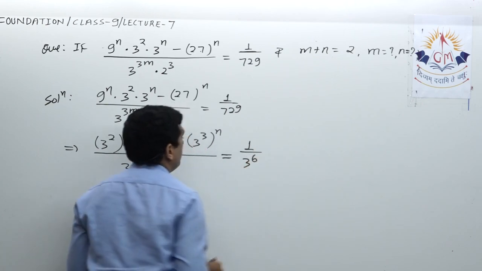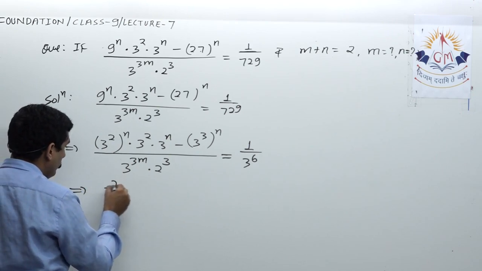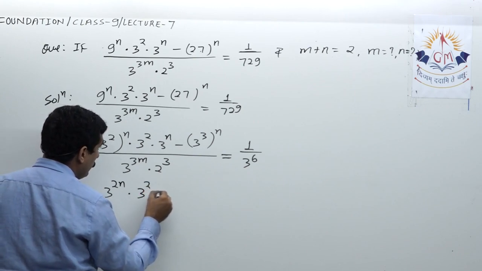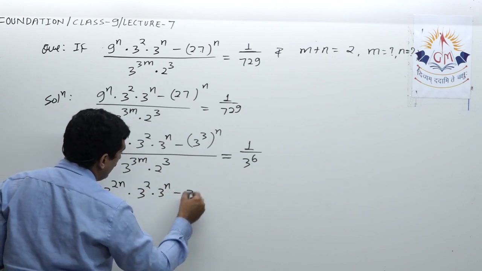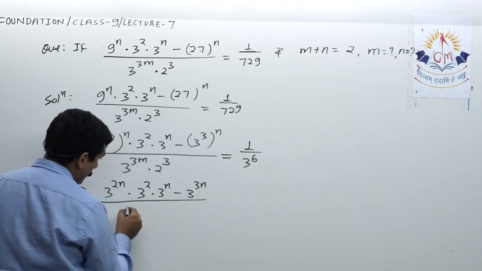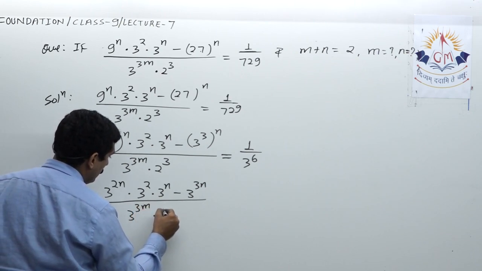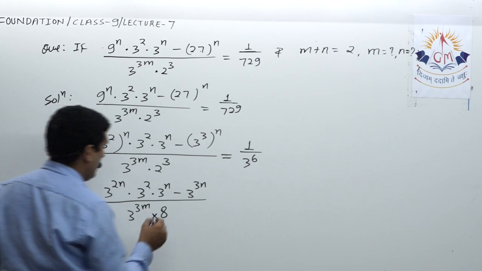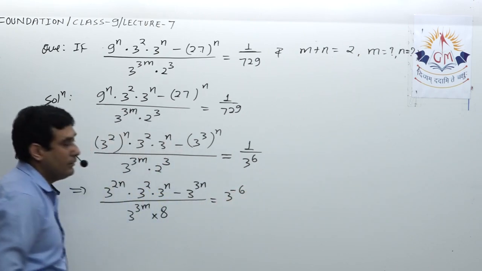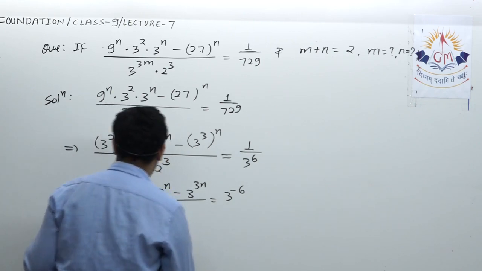3 raised to 6. Okay, now next over here I can write 3 raised to 2n into 3 raised to 2 into 3 raised to n minus 3 raised to 3n divided by 3 raised to 3m into 2 cube, that is 8, is equal to, over here I am writing 3 raised to minus 6, because ultimately I have to take all the terms in the numerator only.